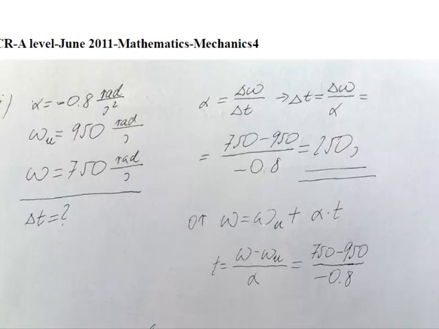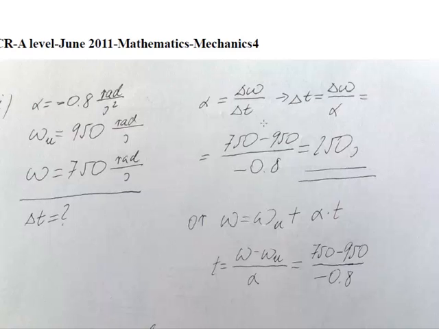So angular deceleration, it's negative. Initial angular speed, final angular speed, and change in time is equal to change in angular speed over angular deceleration.